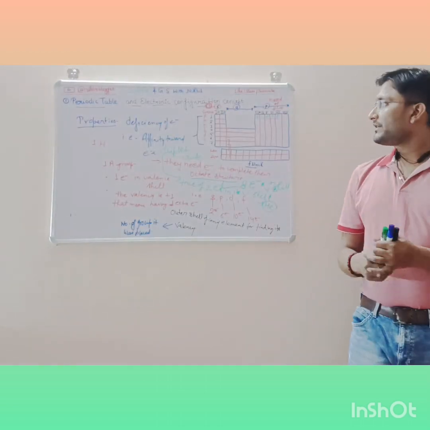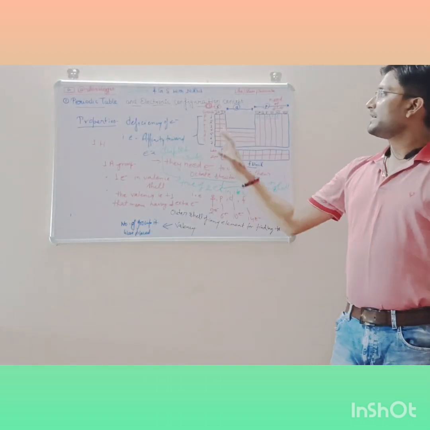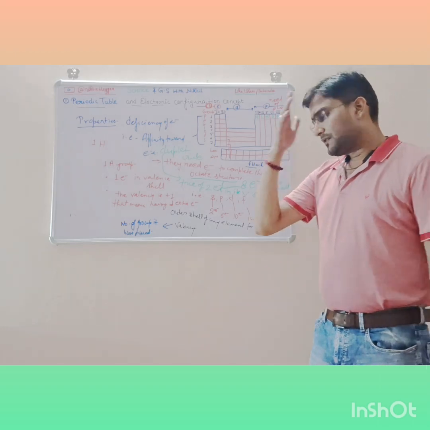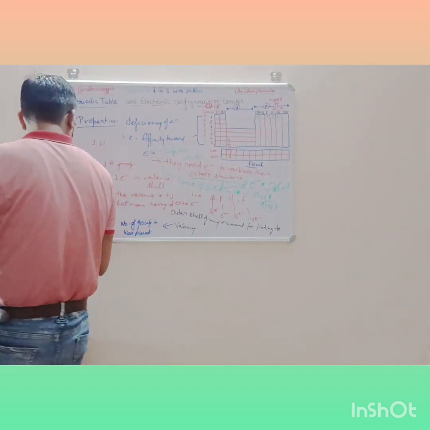And dear students, when we are talking about other elements, like if we take an example of sodium, the atomic number is 11, right?